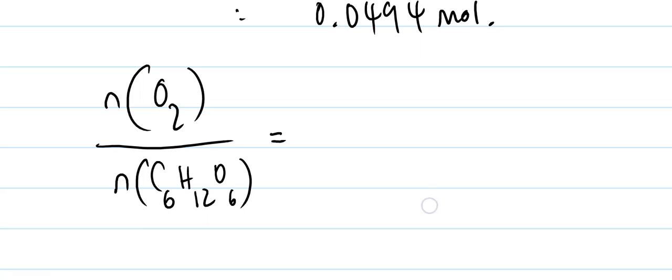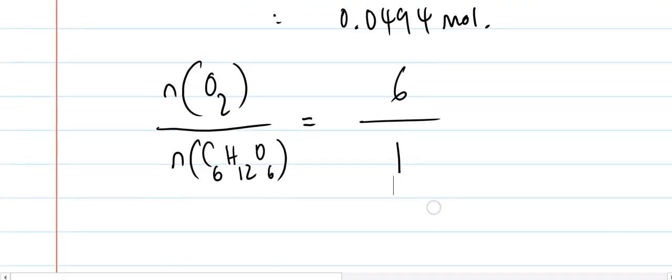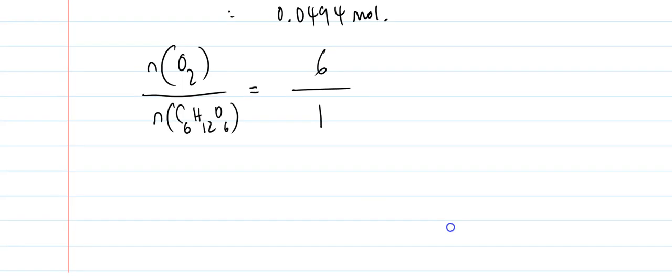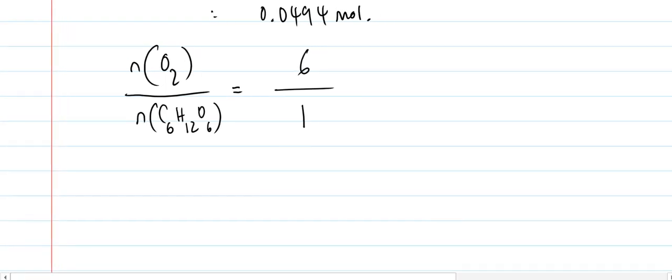So you could say then, for every 6 moles of oxygen, 1 mole of glucose is needed. You just put the coefficient in front of oxygen. So 6-to-1 ratio right there. So you try to set one of these ratios up logically, and then you can rearrange it.